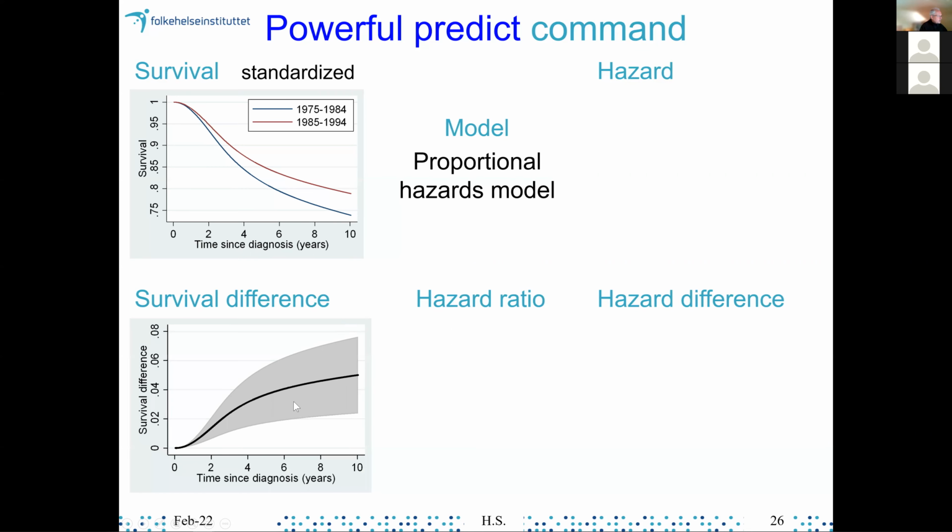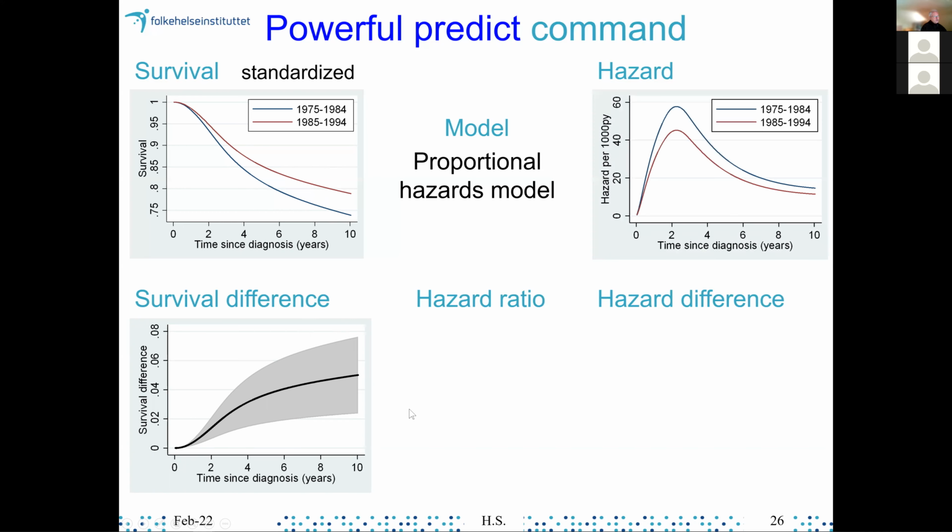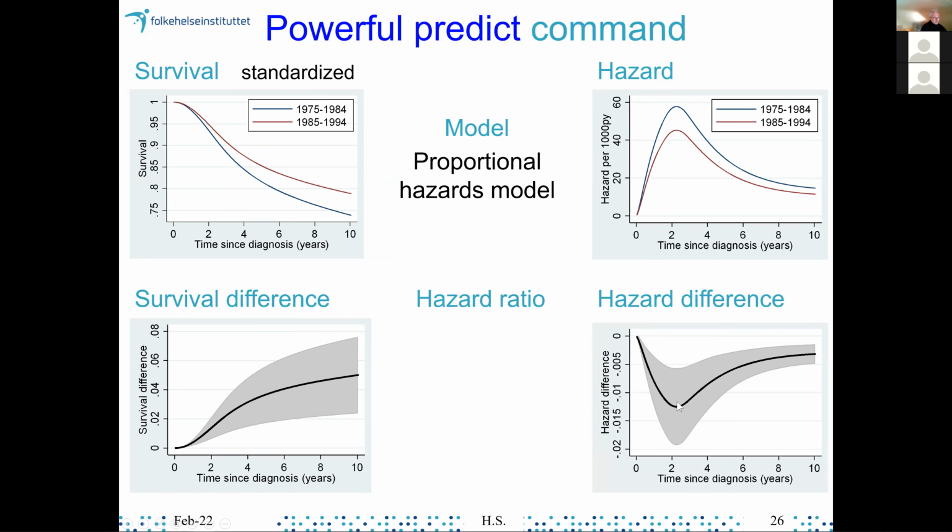You can also have measures of survival difference, the difference between these curves and how it evolves over time, with confidence intervals. You can predict the hazards, and you can predict the hazard difference. As you can see, we have the largest difference here at around 2 years, and then it decreases again.